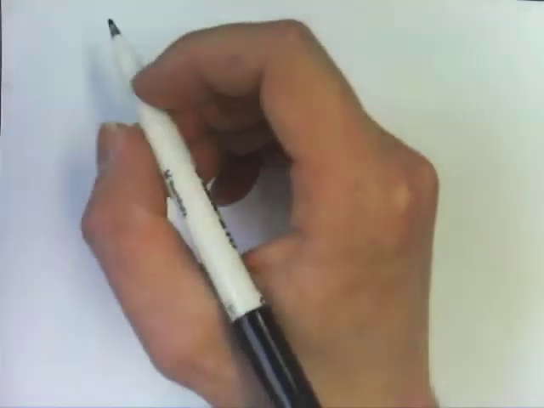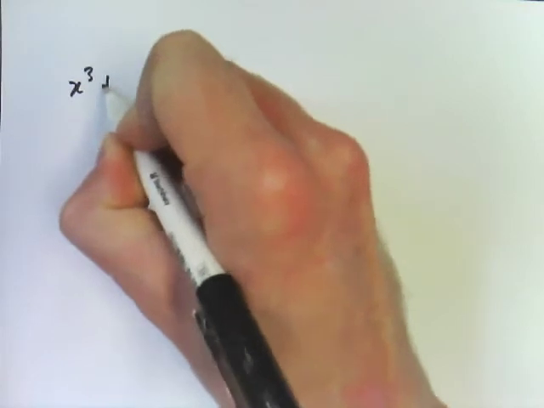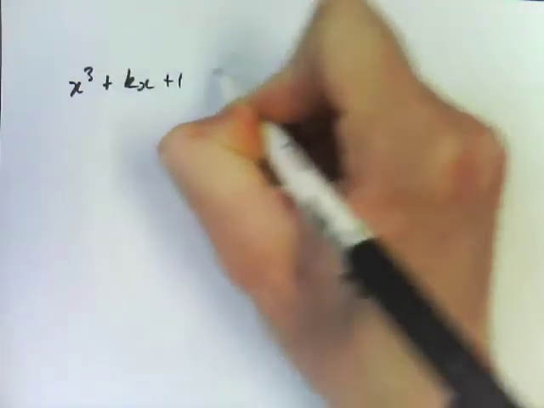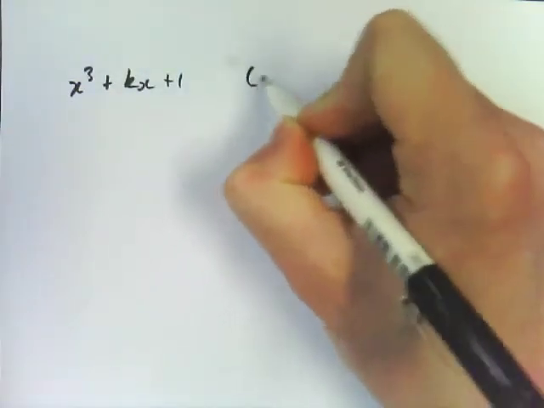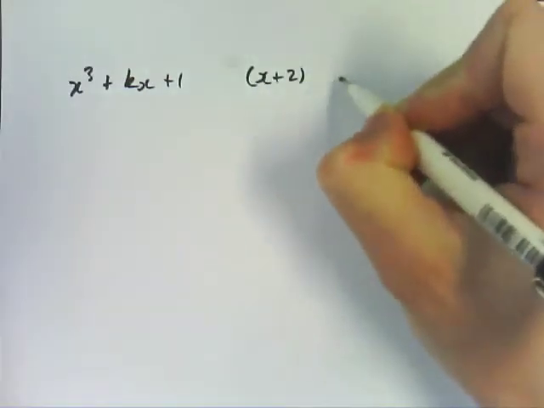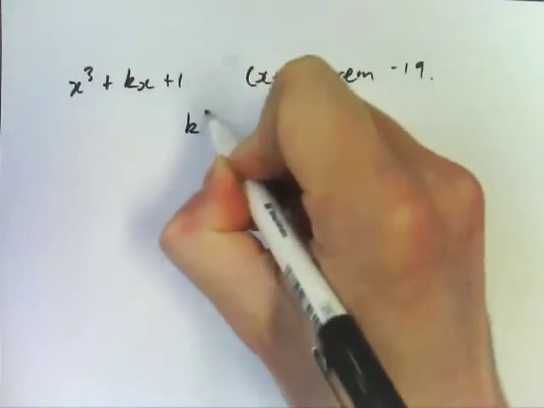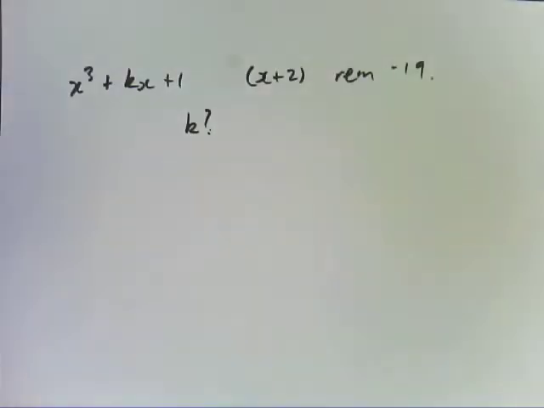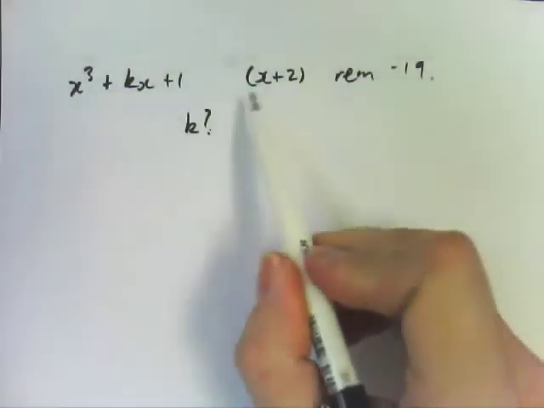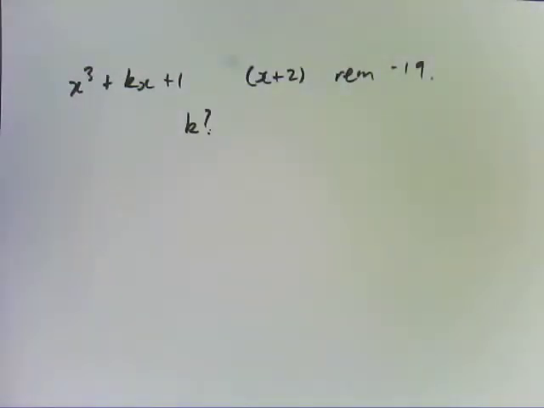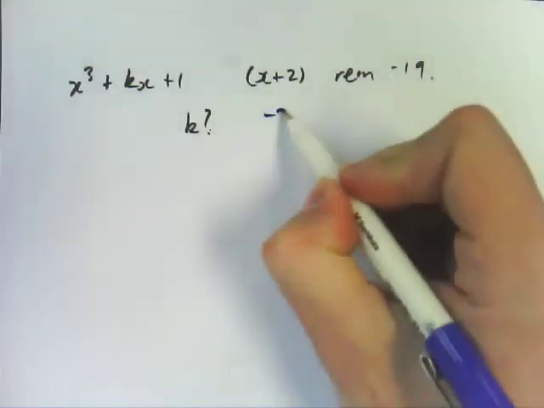Okay, so question 3 is a little bit harder, it's a little bit more in depth. X cubed plus kx plus 1, when divided by x plus 2, the remainder is negative 19. What's k? That's what the question is asking you. Now this is a fairly simple one if you just think a little bit. So, what's the first thing I need to do? I need to substitute in -2.